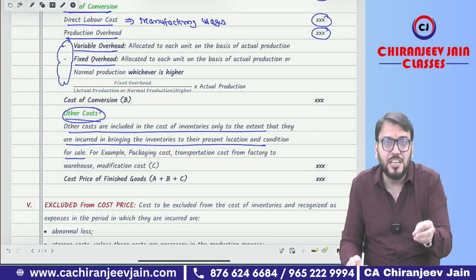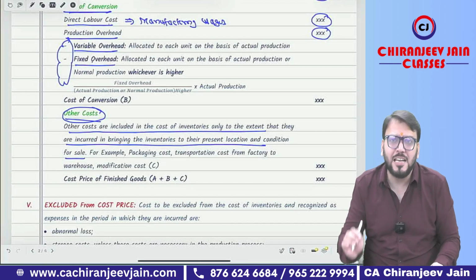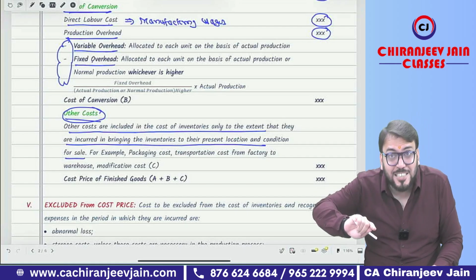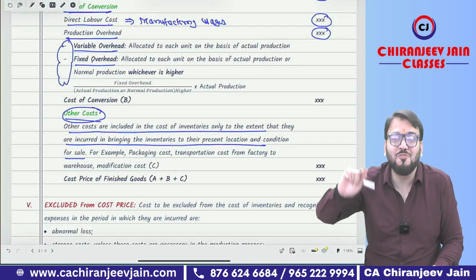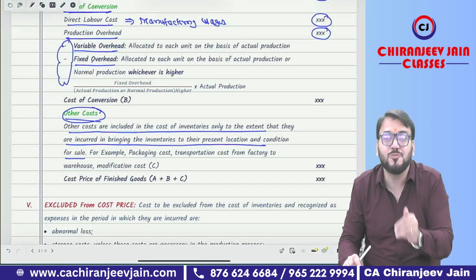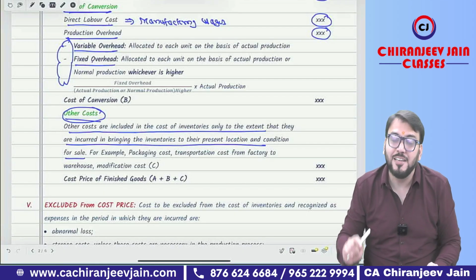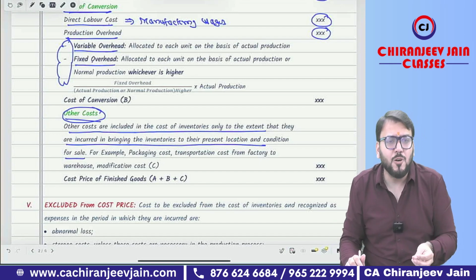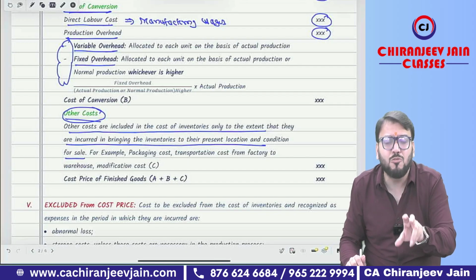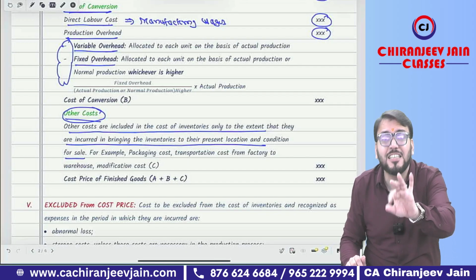Suppose production is completed, packaging done, it is ready for sale. But is it for sale? It needs to be transferred from factory to warehouse. Now the transportation needs to be done. So that is also required to bring the inventory in condition of sale, and therefore that will also be added. Or quite possibly after production is completed, some modification might be required as per the specification given by the customer.